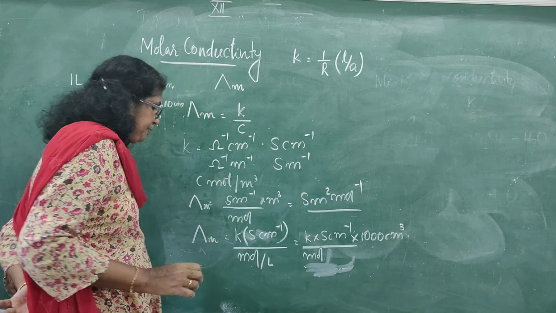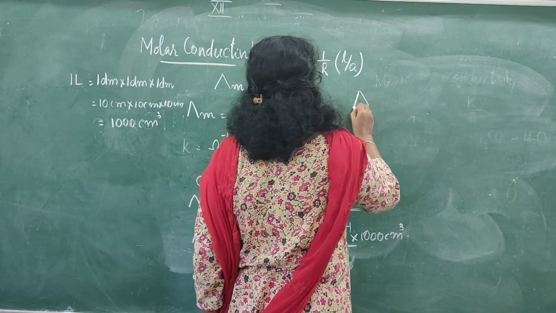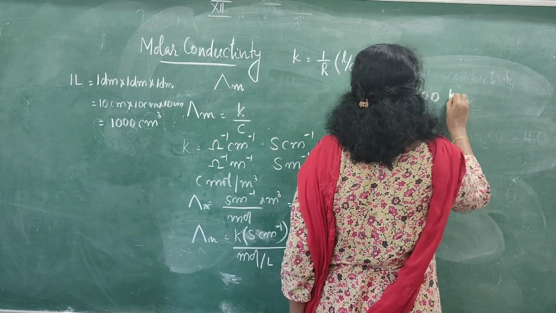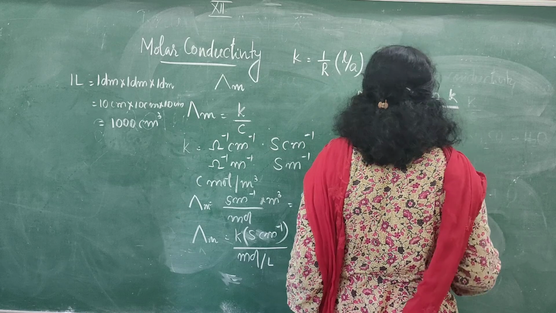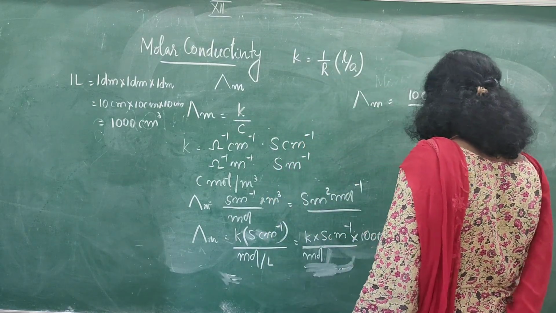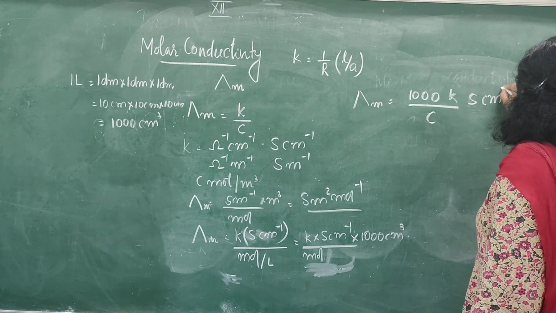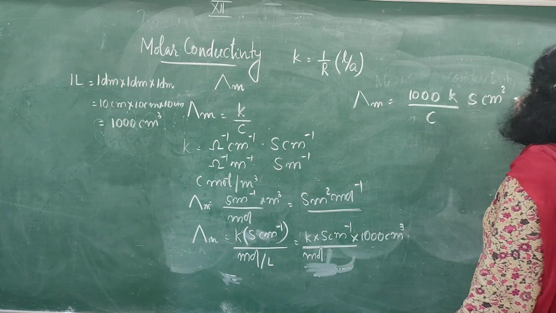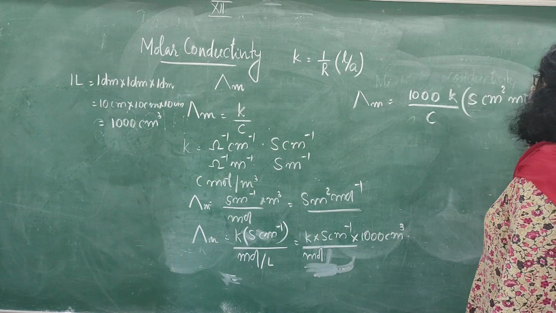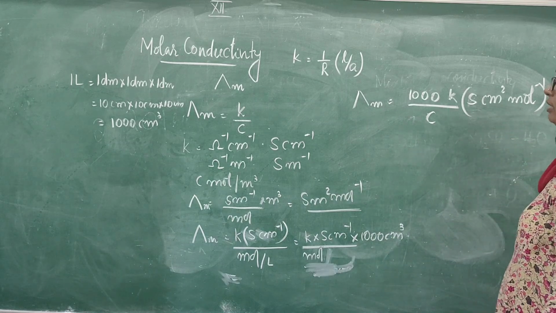So lambda m is equal to 1000 K by C. And what will be the unit? Siemens centimeter inverse into centimeter cube is Siemens centimeter square, and for this mole inverse. So the unit will be Siemens centimeter square mole inverse.